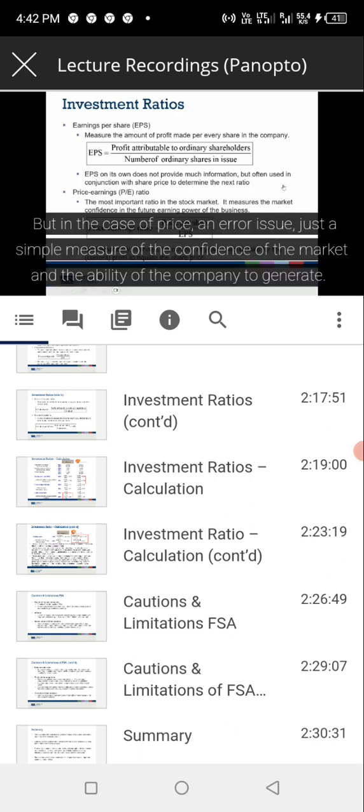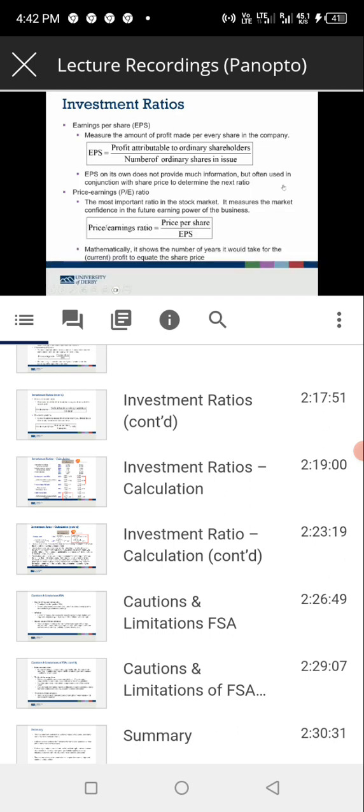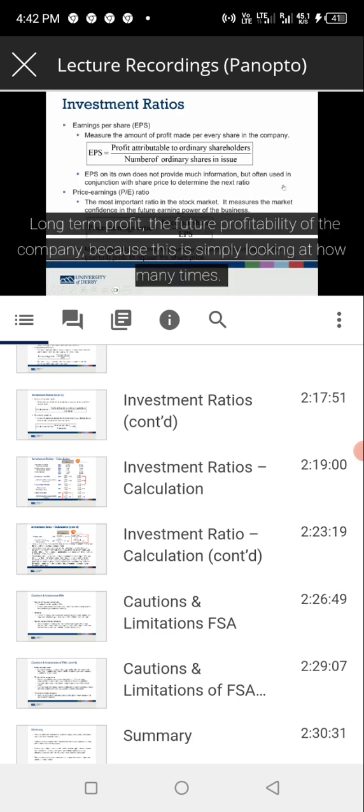But in the case of price earning ratio, it's a simple measure of the confidence of the market in the ability of the company to generate long-term profit. That is the future profitability of the company.